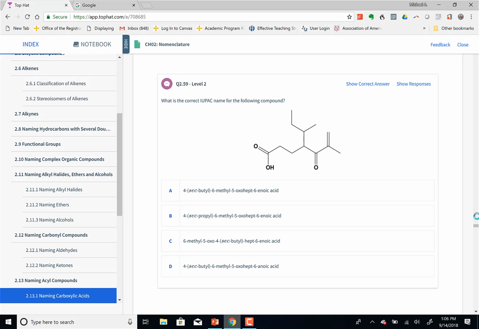No problem. Okay, so what would we name this molecule?